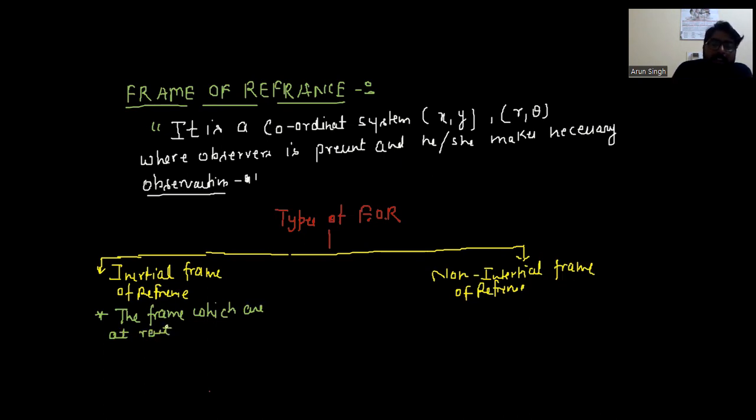If any body is at rest, we can consider it an inertial frame, or moving with constant velocity.